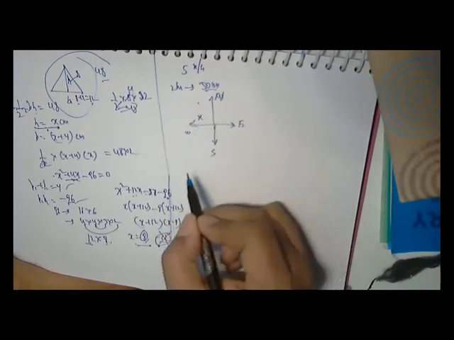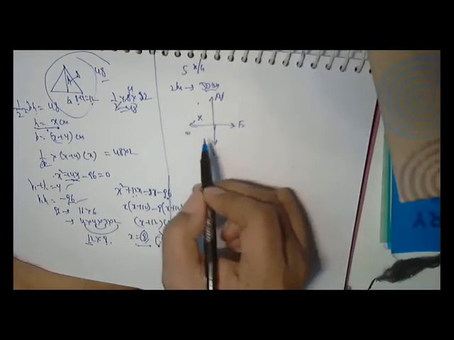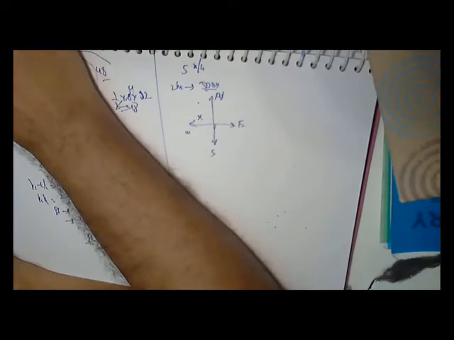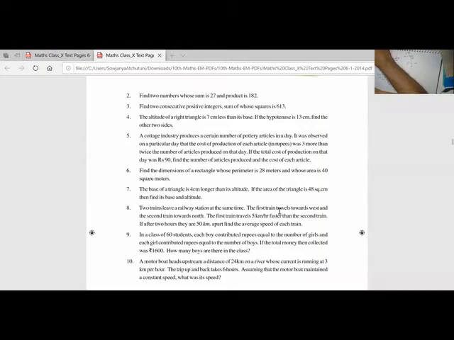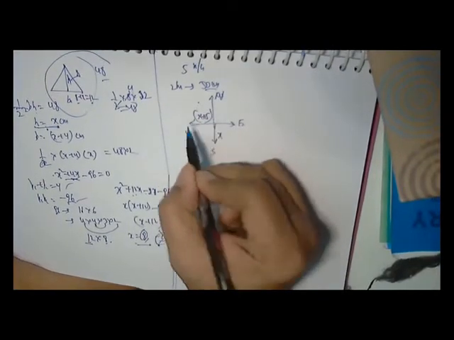So let this be X. What is the second train towards south? This is the first train towards west, and the second train. The first train travels 5 kilometers per hour faster than the second train. So the smaller one is the second train. Let the second train be X, and let the first train be X plus 5.